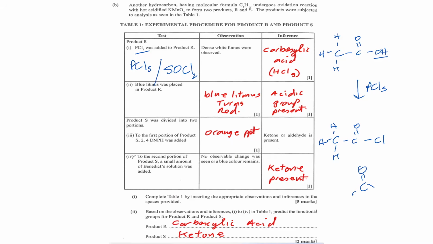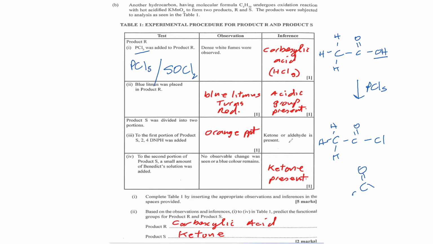Then for part 4, to the second portion of S, a small amount of Benedict's solution was added and no observable change was seen, or the blue color remains. Benedict's solution is blue, and we are trying to establish whether it is an aldehyde or a ketone.